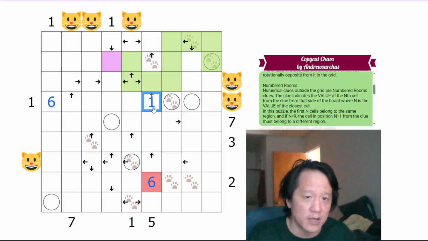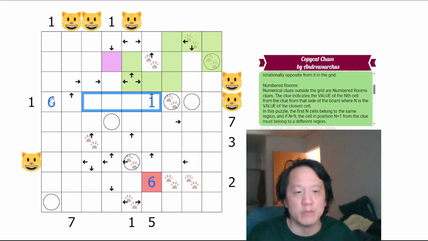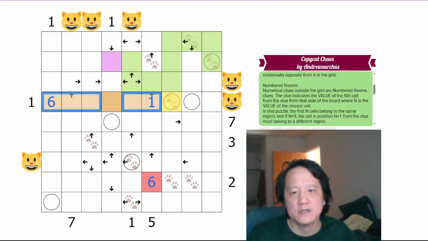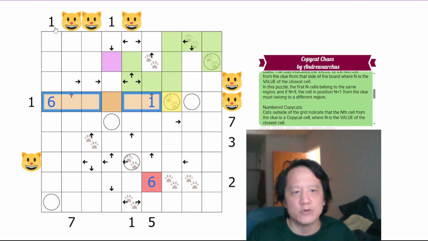So again, it could be a copycat, or it could be copying something there. Or it could just be a 1 by itself. We don't know. And for the first 6 cells, they must all belong to the same region. And then the 6 plus 1 cell, which is the 7th cell, must belong to a different region. So we could have something like this. And that's how these numbered rooms clues work.